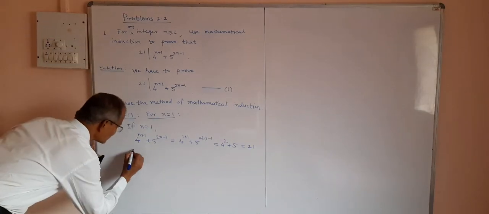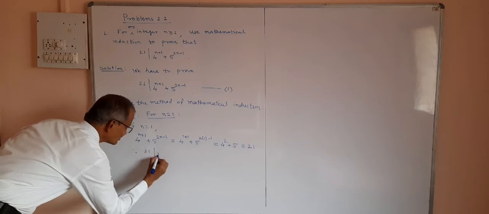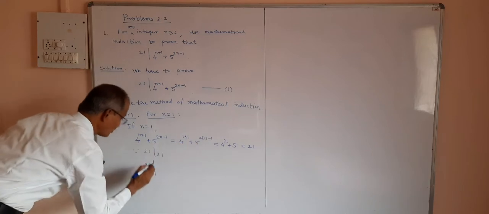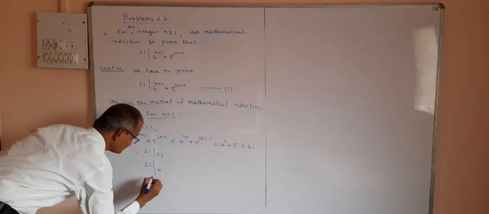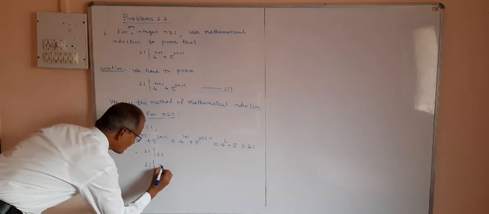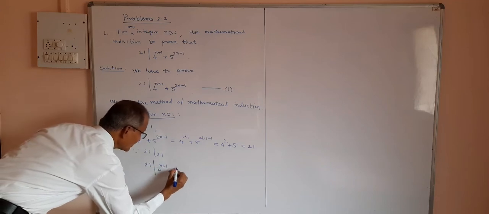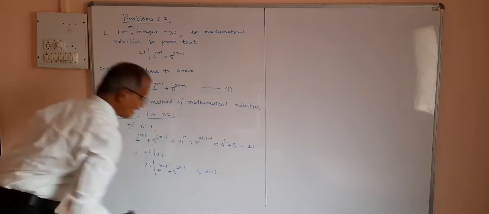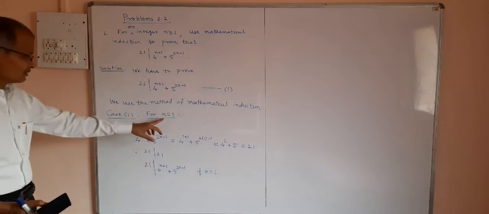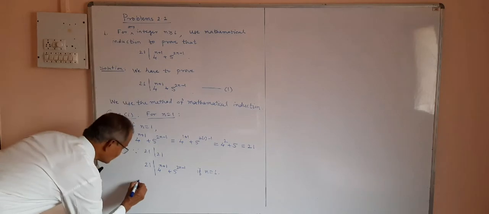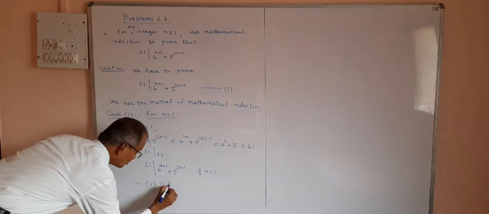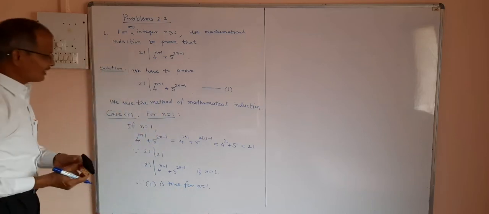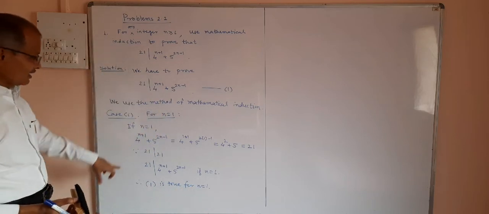So since 21 divides 21, 21 divides the value of 4 raised to n plus 1 plus 5 raised to 2n minus 1 if n is equal to 1, and therefore 1 is true for n is equal to 1. So we have verified the result, it becomes true for n is equal to 1.